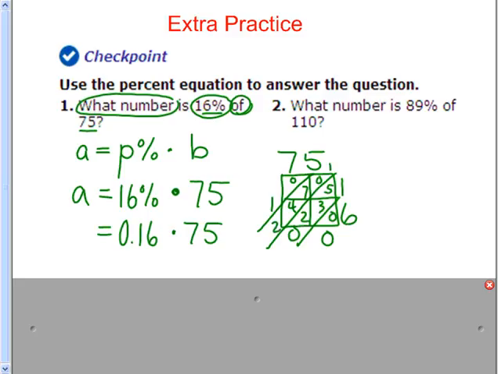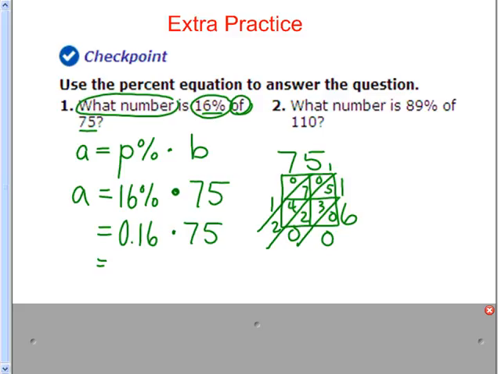I'm getting 1,200. So now I've got to remember my decimal here. I was multiplying not by 16 but by 16 hundredths. 2 decimal places. So I've got to go back 2 decimal places and place my decimal point in there. So it looks like my product is 12. What does that mean? That means that 12 is 16% of 75.